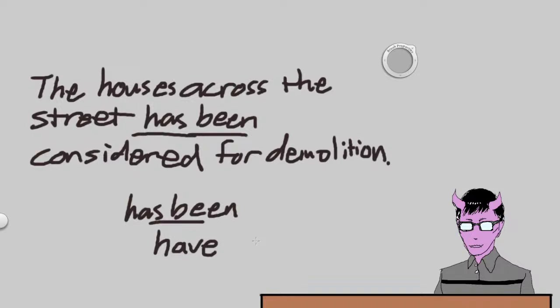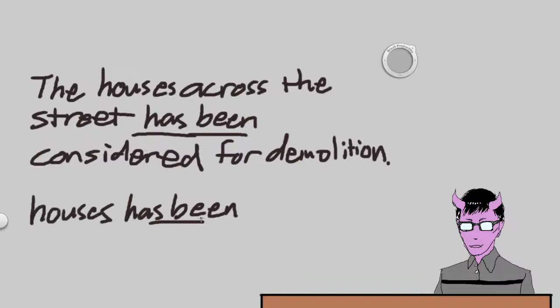So that one would be a transitive verb, but in this situation, is it transitive? Are the houses having a thing called considered? I would say no. So this has been, as a verb form, is a linking verb because we have a sort of an equality statement. Houses equals considered, right?